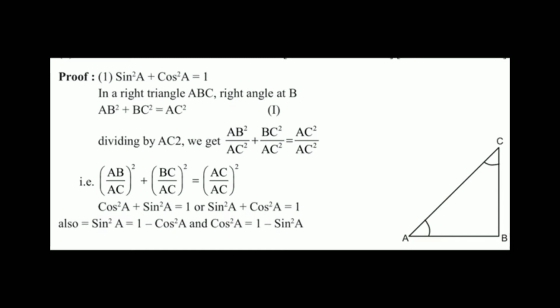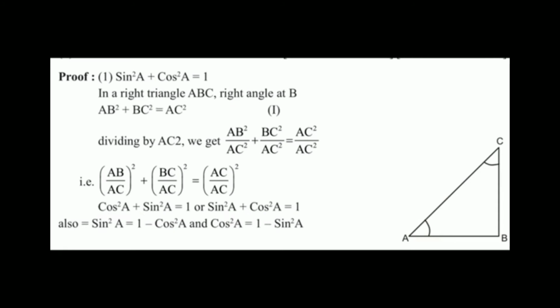Now we can combine the square terms and we get AB upon AC whole square plus BC upon AC whole square is equal to AC upon AC whole square. Right hand side we are having 1, no problem. And look at the left hand side.